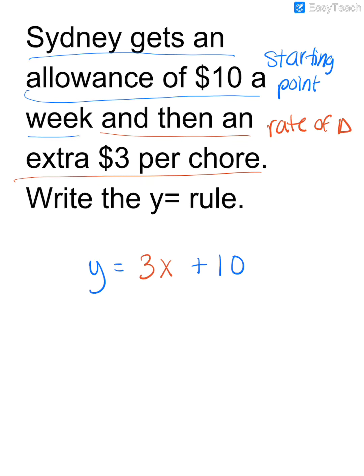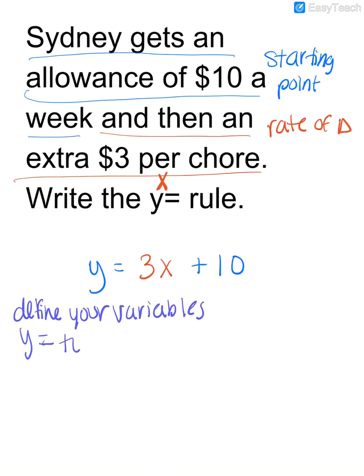And you can think of when you see that word per, you can put the x right there. So per is how you know maybe there's an x, because every time something happens, you're getting a certain amount of money. So we always need to make sure we define our variables. So that's really important. So the y variable is your total amount of money each week.